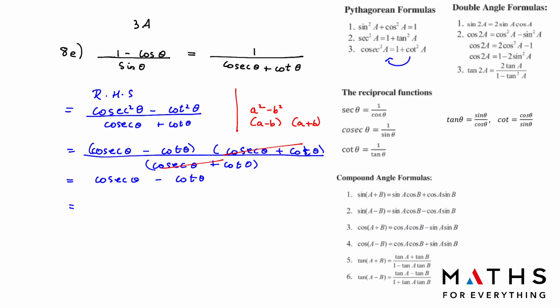Cosec can be written as 1 over sine theta, and cot, the same thing which I told you, you can replace with 1 over tan or with cos over sine. Because there's a sine involved here, I'm going to use cos theta over sine theta. As the denominators are same, I can join them together and write it as one fraction.